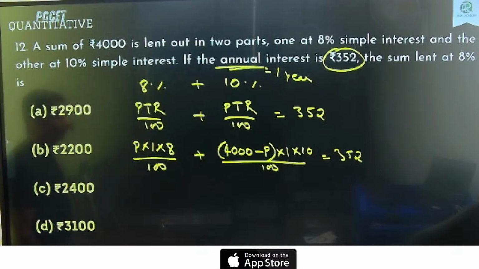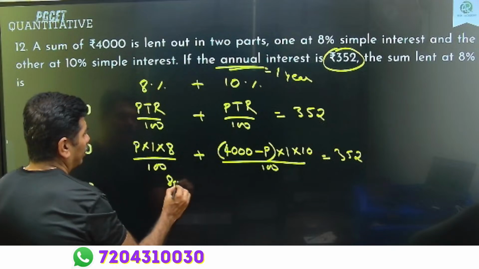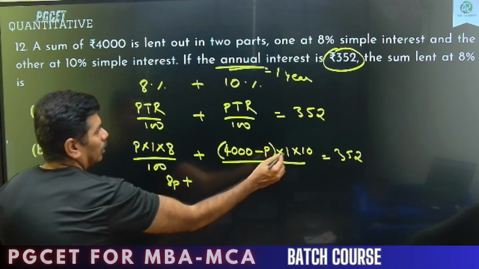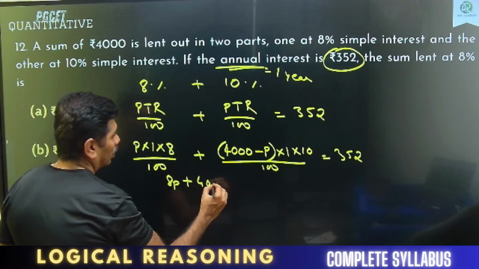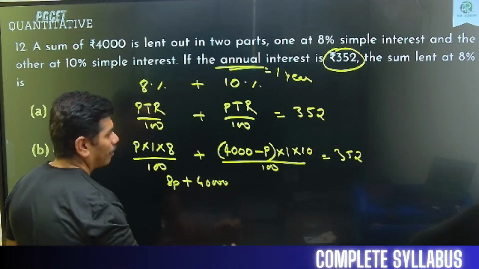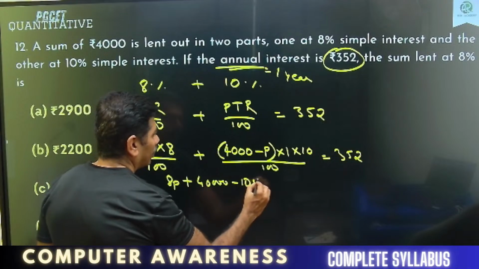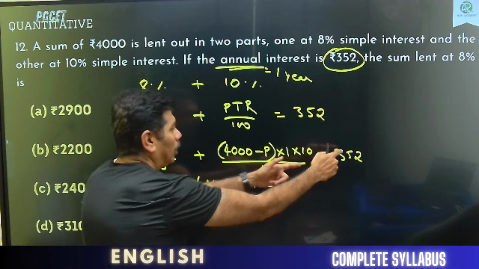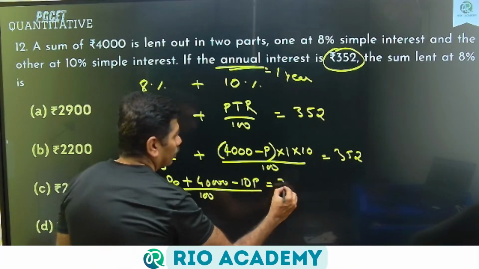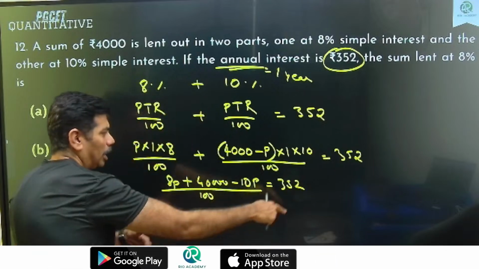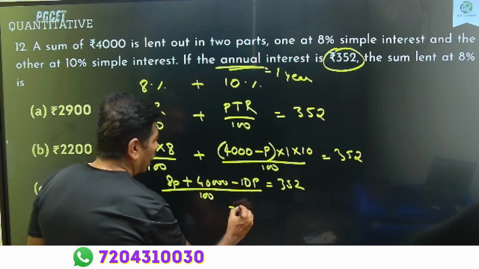352 rupees in total. Okay, let's simplify this. So this is 8p plus 10 into 4000, that is 40,000, minus 10p equals 352. Let me take LCM. Okay, first let me take another step here: 352, and this 100 goes to the other side later. Okay, remember this. So 8p minus 10p is minus 2p.